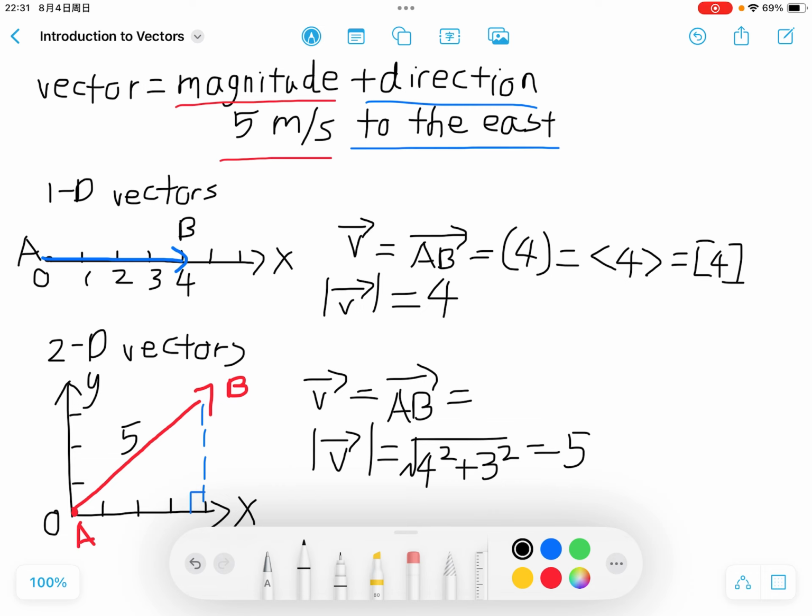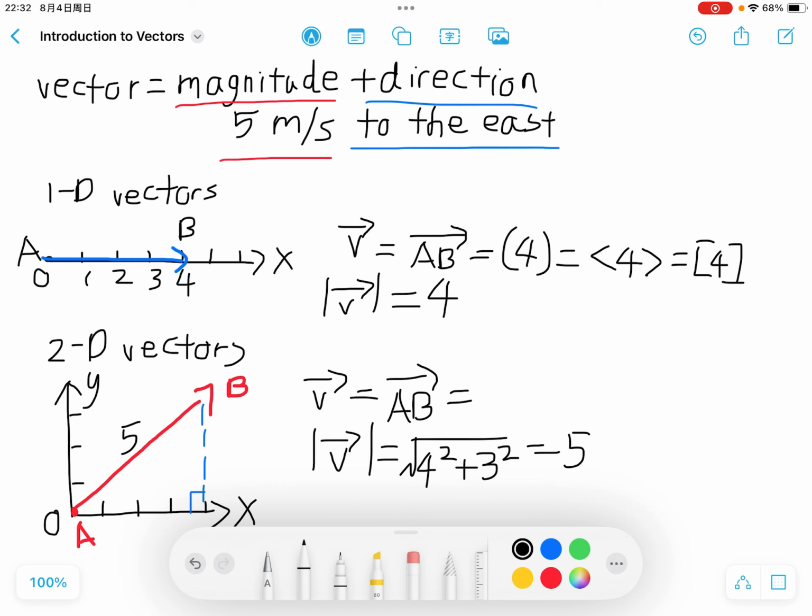So we have the magnitude, and we're thinking about how we can represent our vector that is 2-dimensional. For 2-dimensional vectors, we have 2 variables here. We represent how much our vector has gone in the x direction, and we also represent how much it has gone in the y direction.